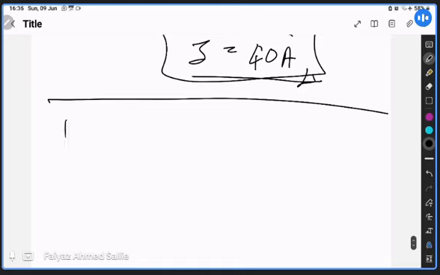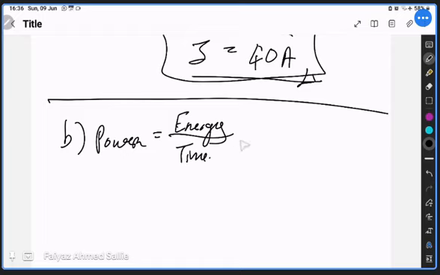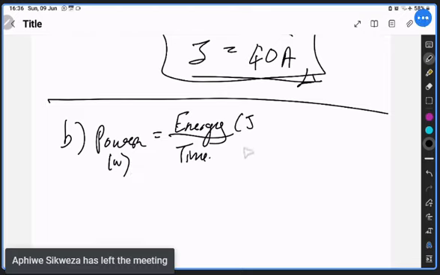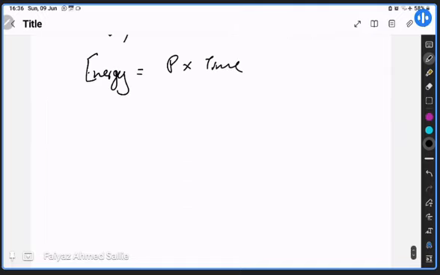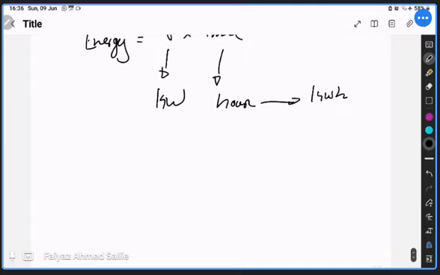So for question B, we know that power is equal to energy over time. Power is normally in watts, energy is in joules, and time is in seconds. So we want energy to be power multiplied by time. We want our power to be in kilowatts and our time to be in hours. Therefore, we can get kilowatt hours.